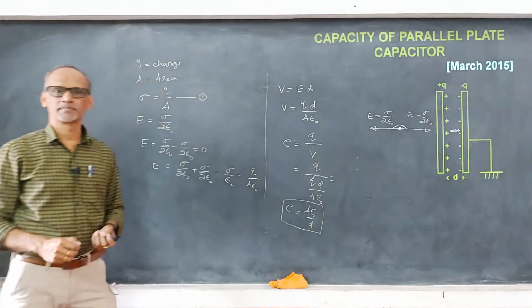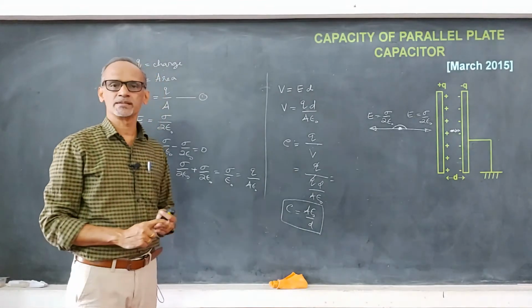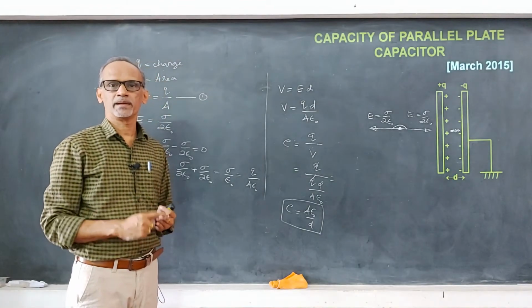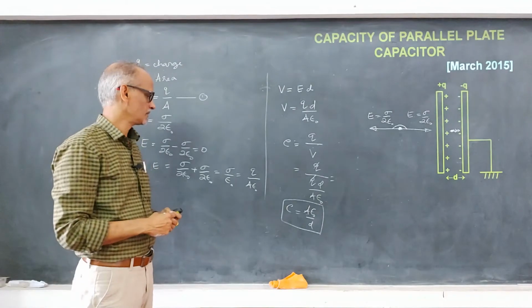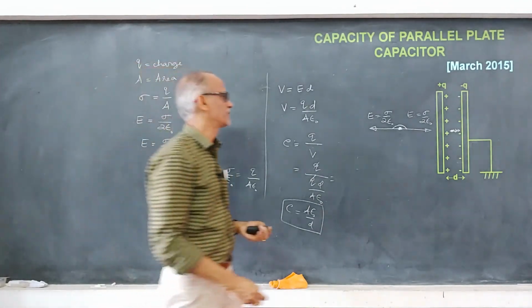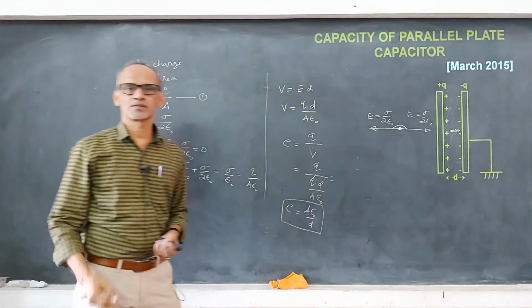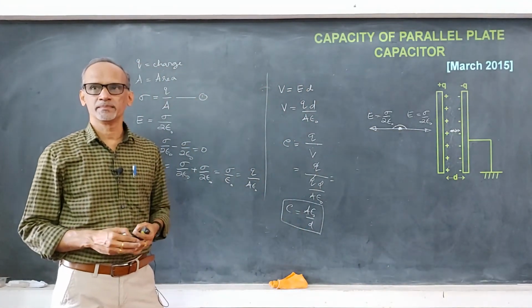C is equal to A epsilon naught by d. So finally we have derived an expression for the capacity of a parallel plate capacitor. Now this is the expression for the capacity of the parallel plate capacitor if the space between the plates consists of air as the medium.